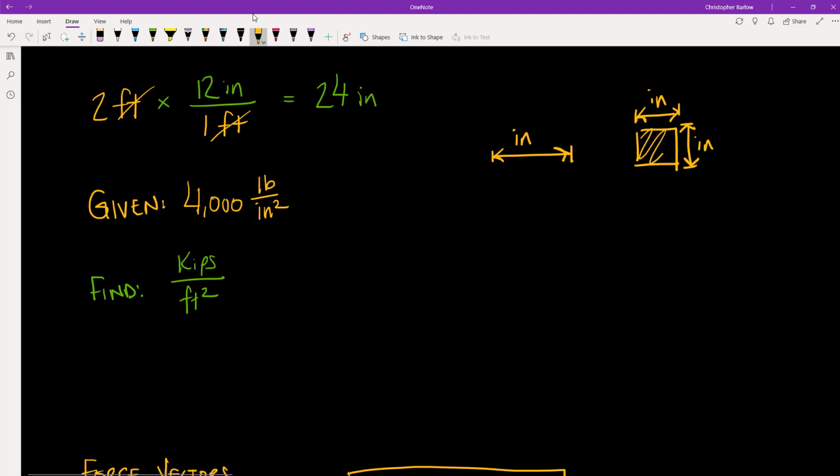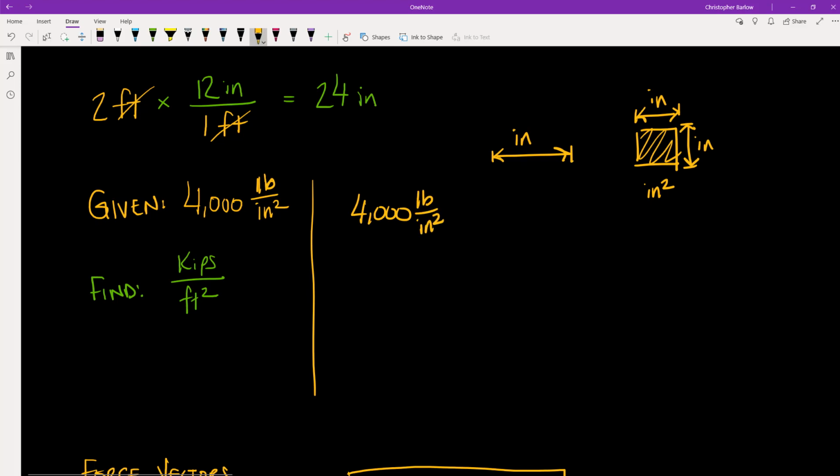This area would be inches squared. So we're talking about a force, pounds, applied over an area of inches squared. And say we want to define this value of 4,000 pounds per square inch in units of kips per square foot. So we are starting with 4,000 pounds per square inch.